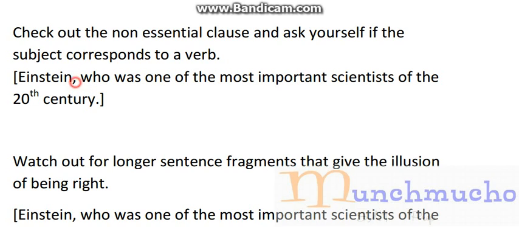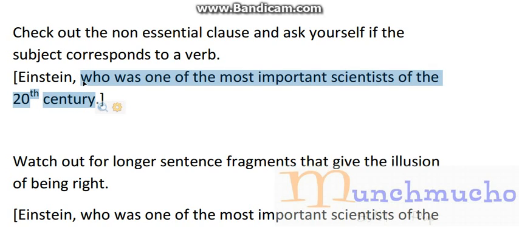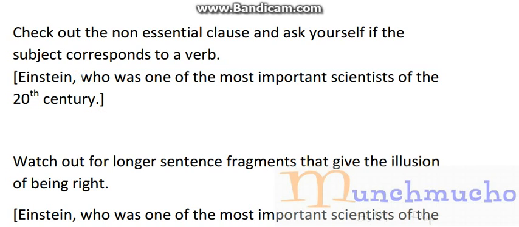So if we had a comma right here, and another comma after this entire thing over here, then this thing in between the commas would be a non-essential clause because we could remove it and the sentence would still make sense. So whenever you're asking yourself if it's a sentence or a sentence fragment, in order to try to fix the sentence, always make sure that you check the part in between the commas.